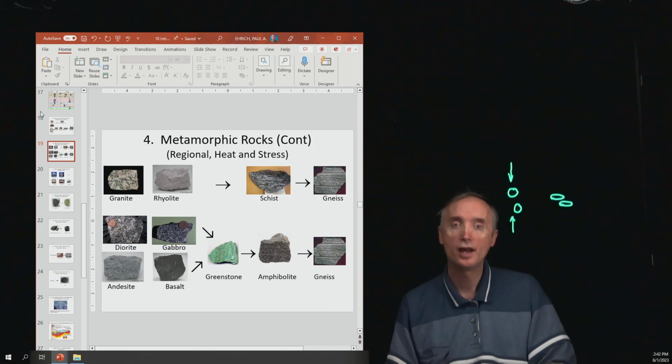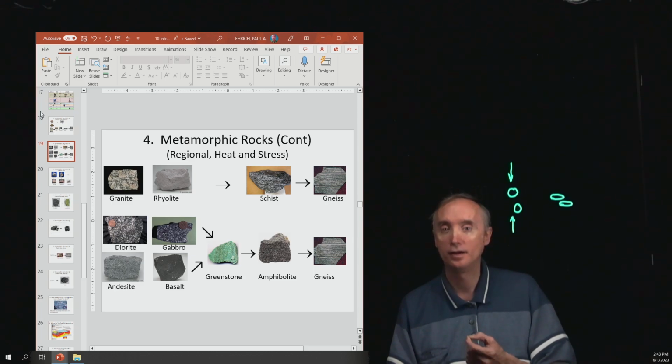Okay, what would happen though to an igneous rock like granite and rhyolite? So granite and rhyolite, when you apply heat and pressure to them, they turn into a schist and then they turn into a gneiss. What about an intermediate type rock like diorite and gabbro?